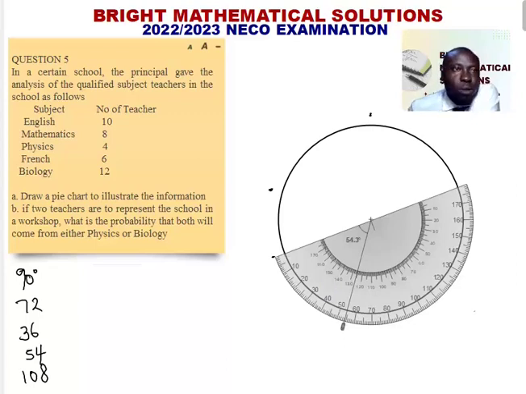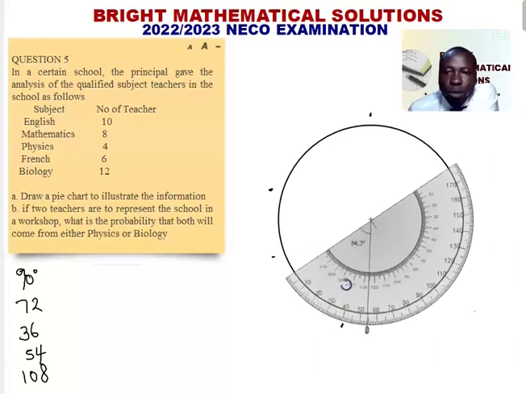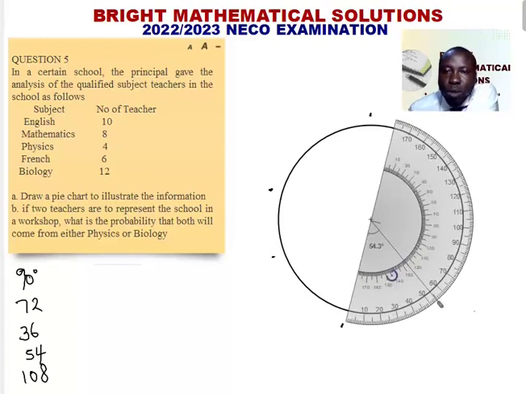So let's say this is my 54 degrees. So I'm going to mark that point as well. So the next one, the last, which should be 108, will take me back to where we started from.